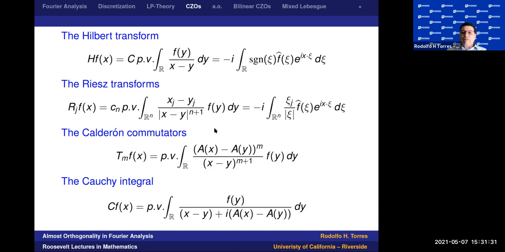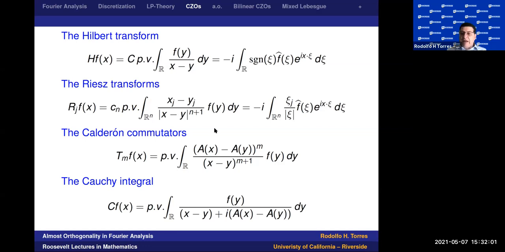But we can always take the Fourier transform and then the inverse. If I take the Fourier transform of this, one can show that, remember, convolution goes to a product of two functions, the product that you need to multiply by is just the function sign of ξ. And then I compute the inverse Fourier transform to recover the function. So in these two examples, this is the version of the Hilbert transform in higher dimension, which are the Riesz transforms.